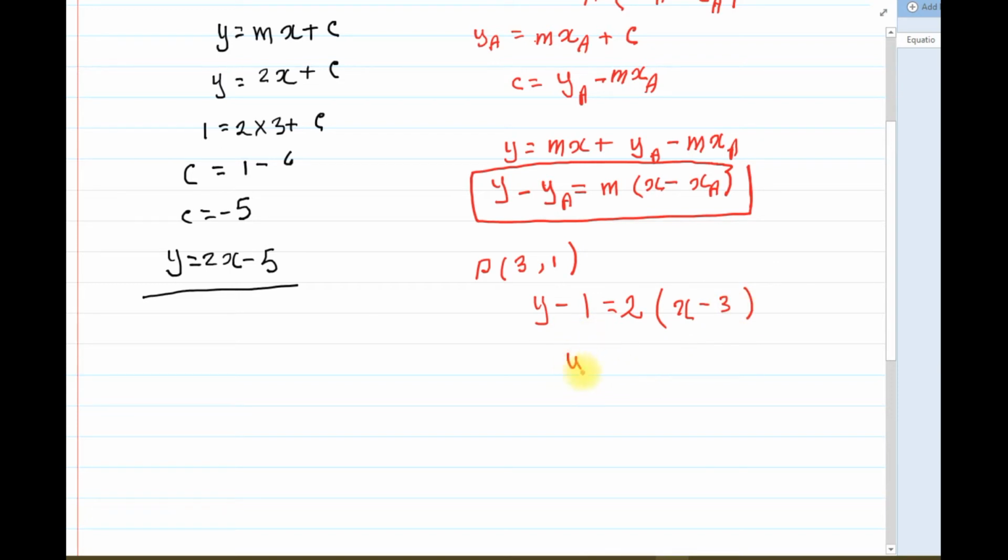This will become y minus 1 is equal to 2x minus 6, which reduces to y is equal to 2x minus 5, which is the same as we found earlier. You can only use this expression when we have the gradient of the line and we know that the line passes through a point.